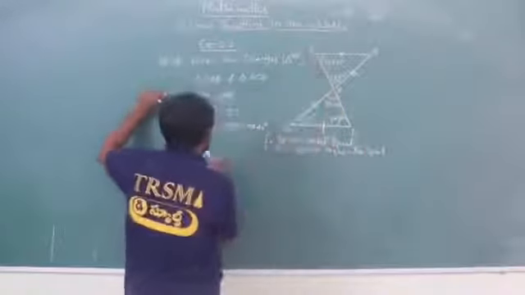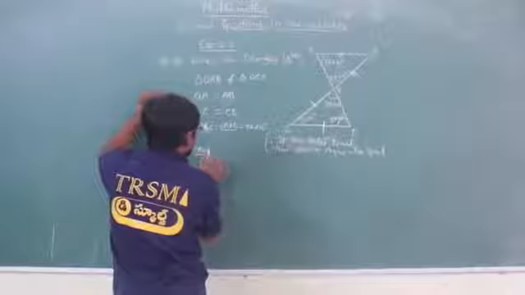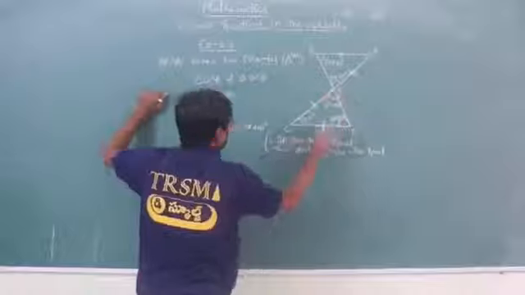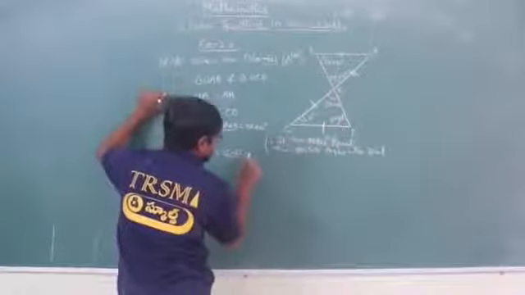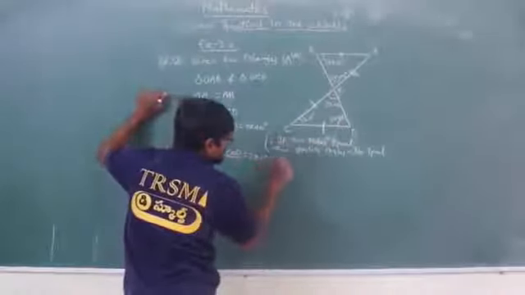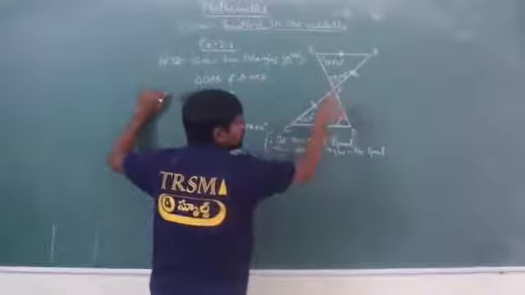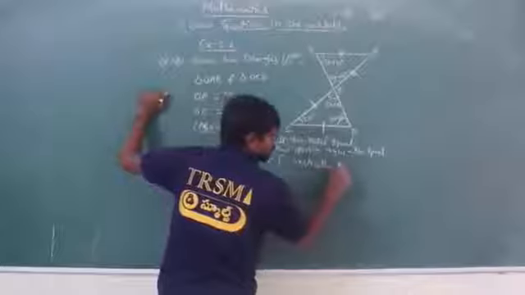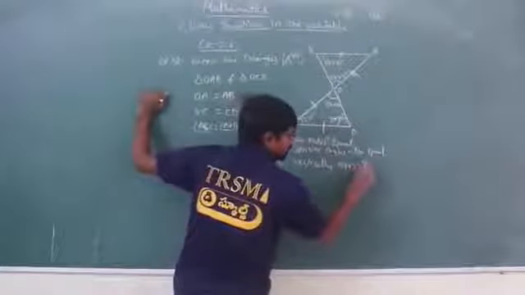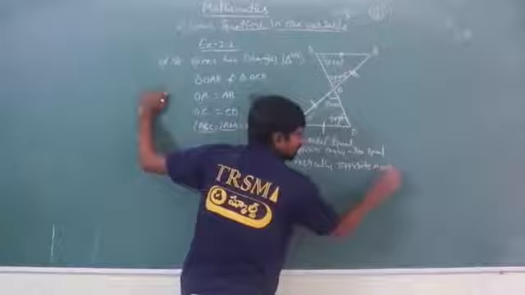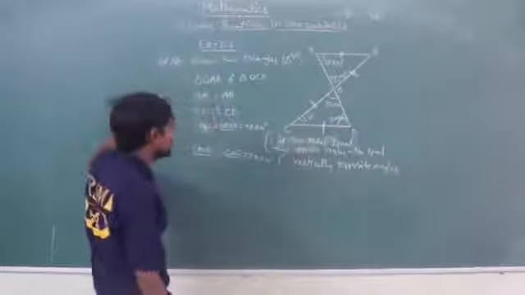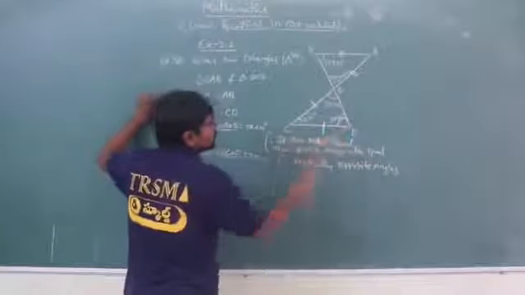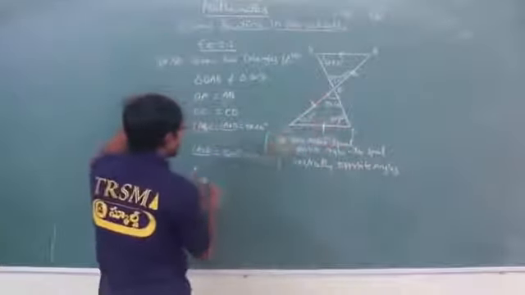Okay, next, angle AOB is equal to angle COD. Angle COD is equal to 3x plus 10. Why have we taken these both equal? Because vertically opposite angles. Similarly, as OC equals OD, again these both angles are equal.